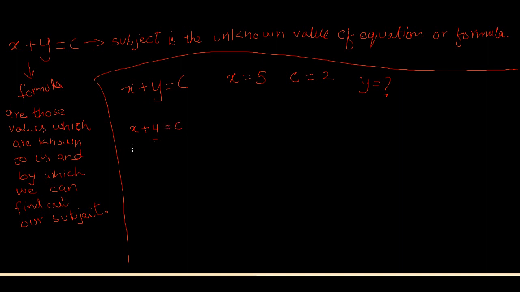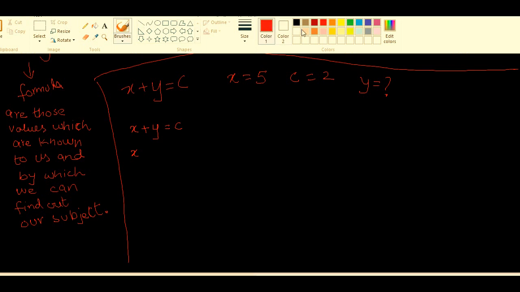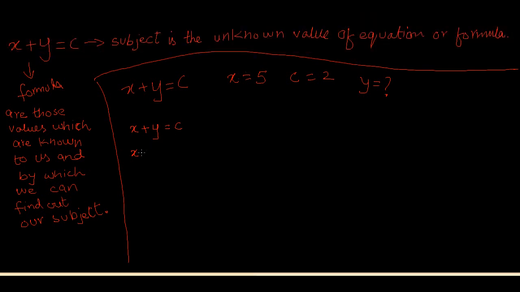If we subtract x on both sides, we get x plus y minus x equals c minus x. Both x cancel out and y remains, so y is equal to c minus x.